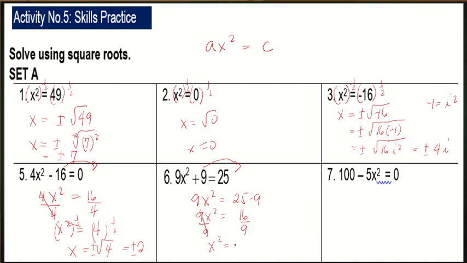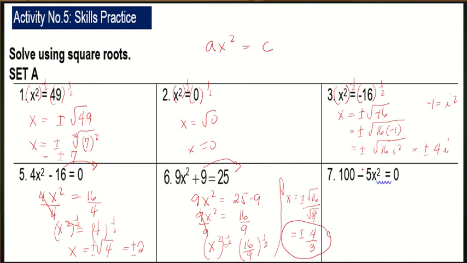So we have x squared is equal to 16 over 9. Then we raise both sides to 1/2. Then what we get now is x is equal to positive negative square root of 16 over the square root of 9. So we have positive negative square root of 16 is equal to 4, and the square root of 9 is equal to 3.